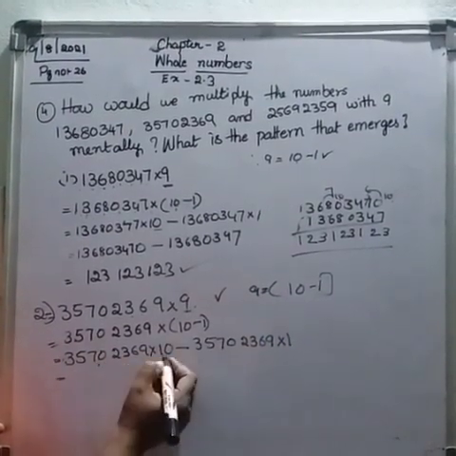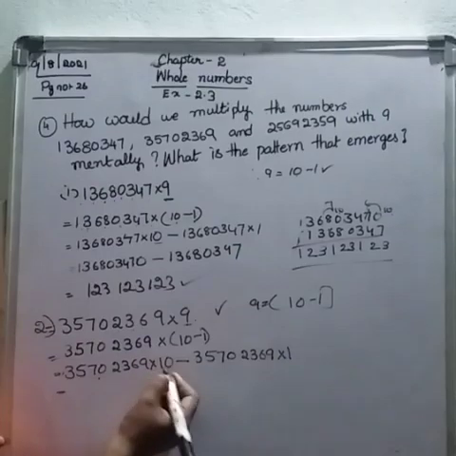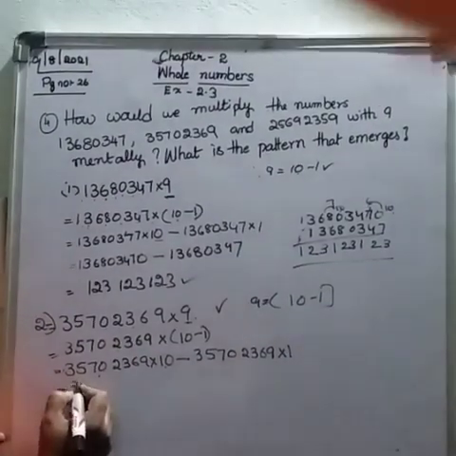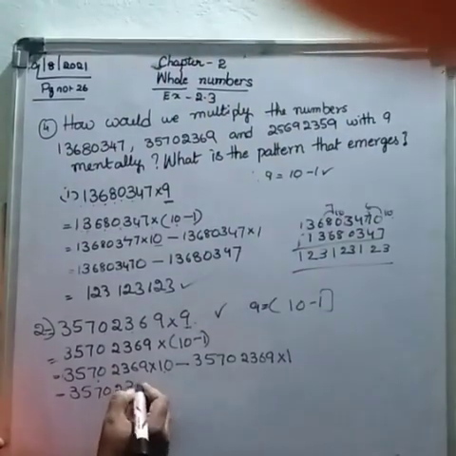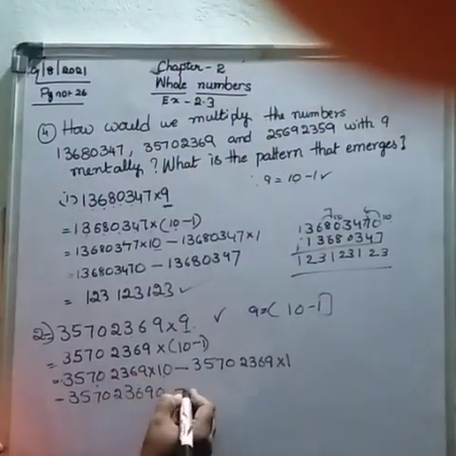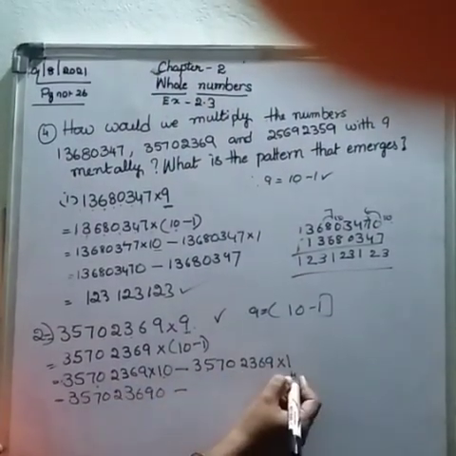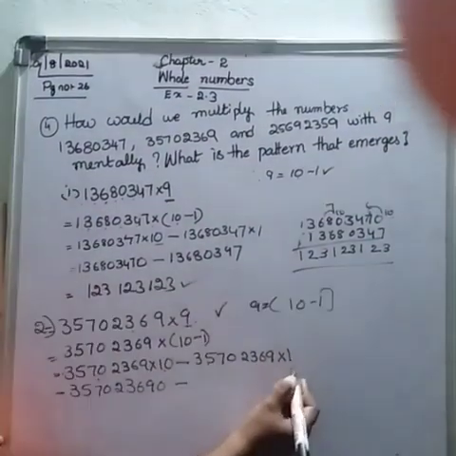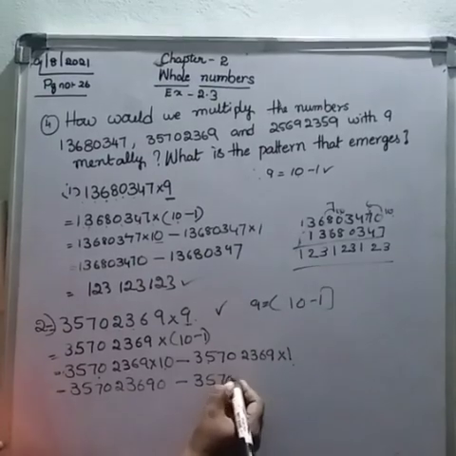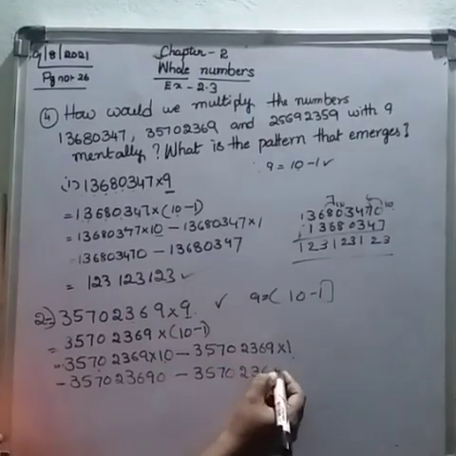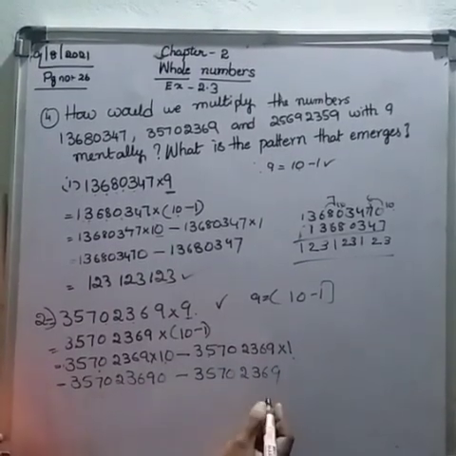When we multiply any number by 10, we get one more 0 only. 357023690. Any number multiplied by 1 gives the same number: 35702369, right? Now subtract these two.